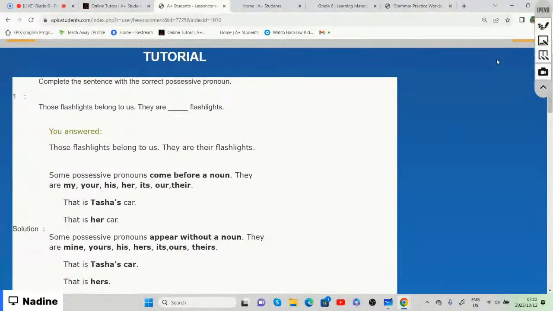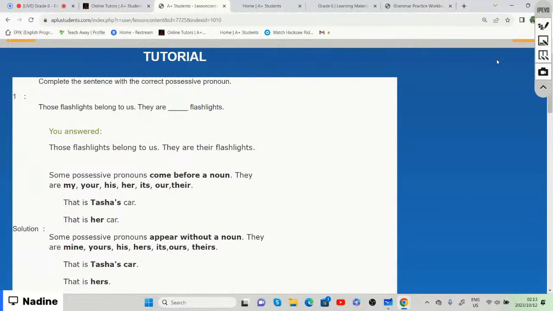So that is some of the possessive pronouns that come before a noun. And we said it is my, your, his, her, its, our, and their. Now let's look at an example of the possessive pronouns.